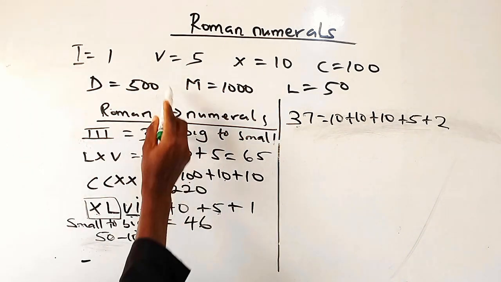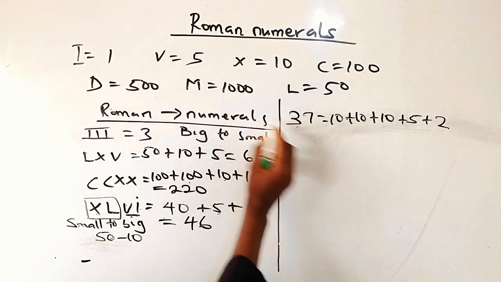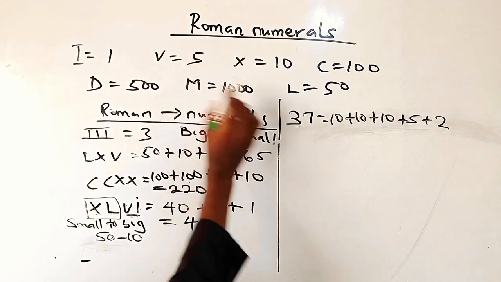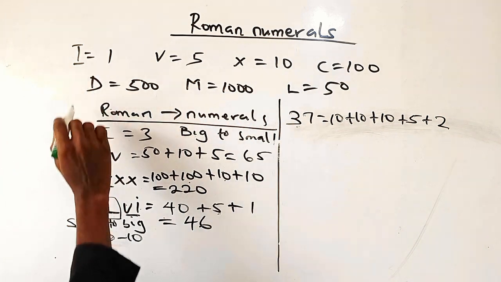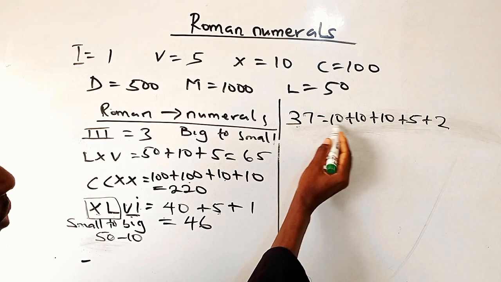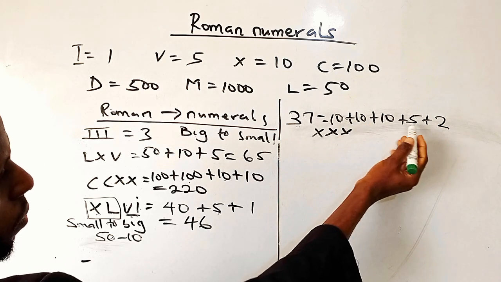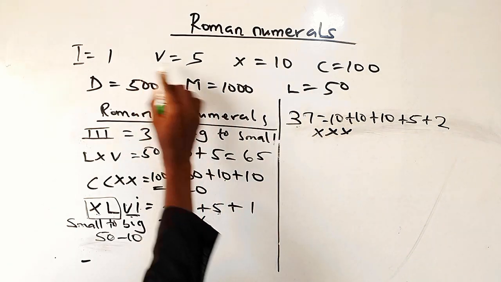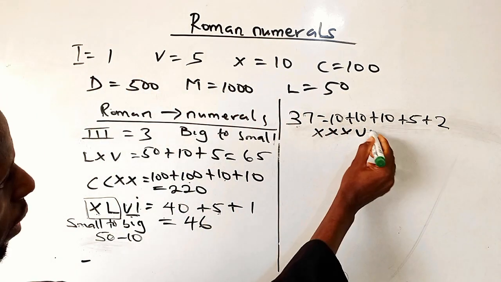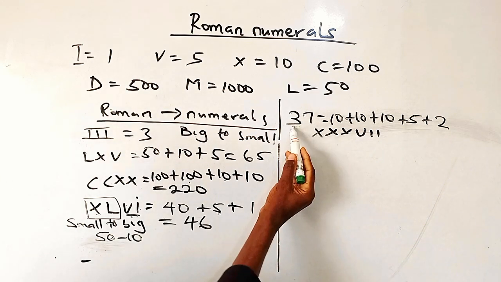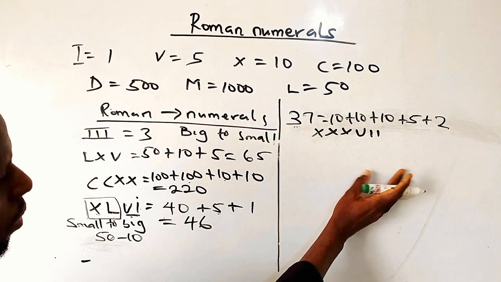Using the standard, 10 is represented as X, 5 is represented as V, and 2 I can break down to 1 and 1. So I have 3 X's, my 5 is V, and my 2 is II. So 37 in Roman is XXXVII.